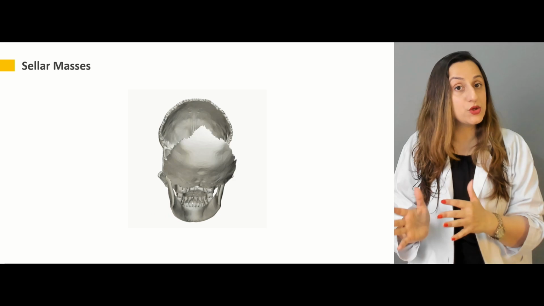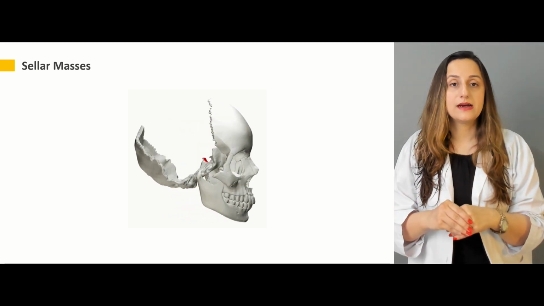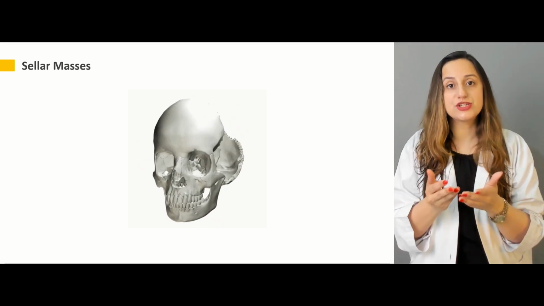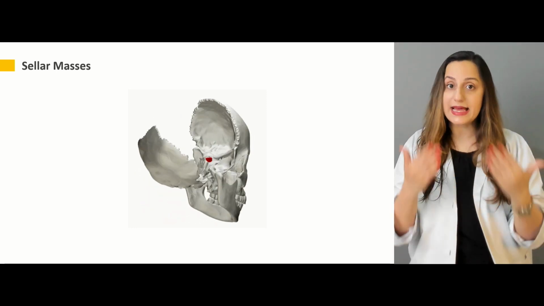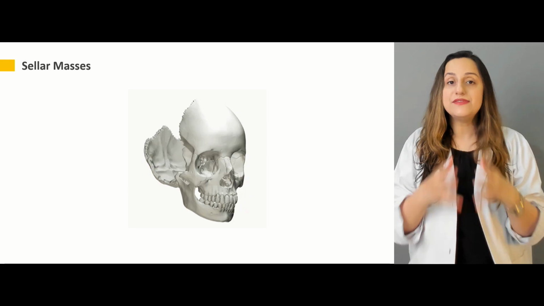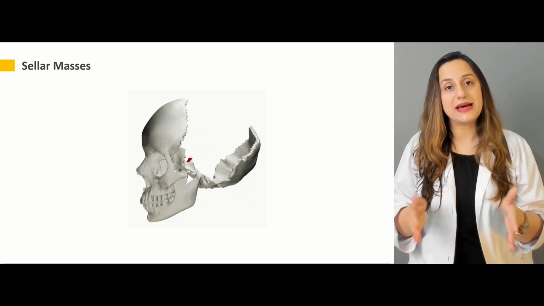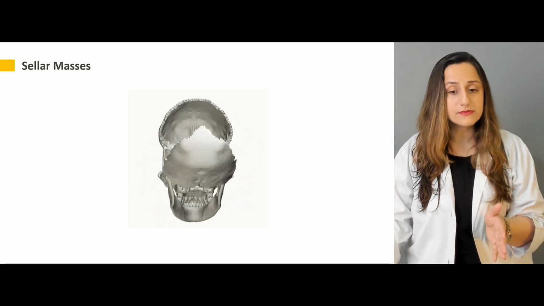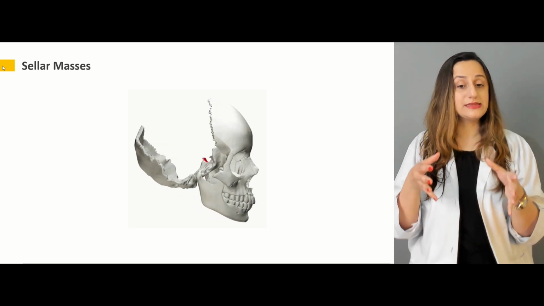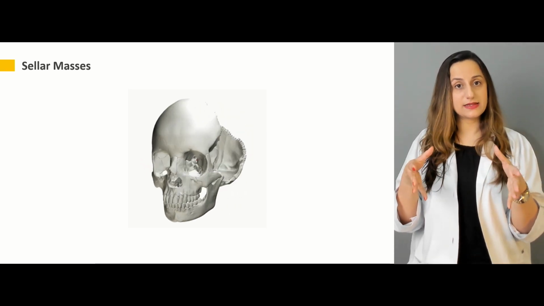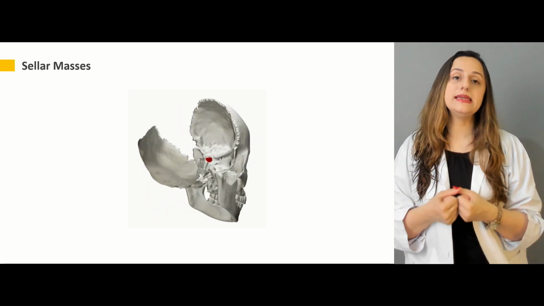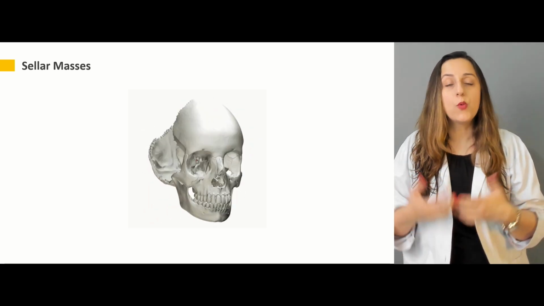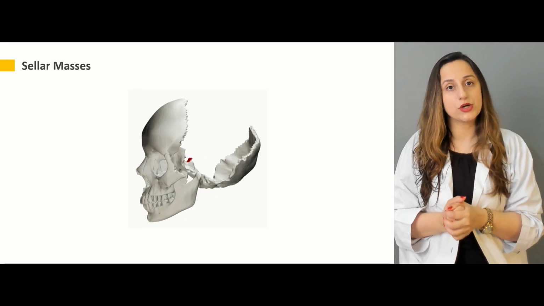As you can see, this slight depression is affecting a lot of areas. It's affecting the suprasellar region, and it's even affecting the lateral aspects as well. The lateral aspects of the sella turcica contain the cavernous sinus. Why is this cavernous sinus important?